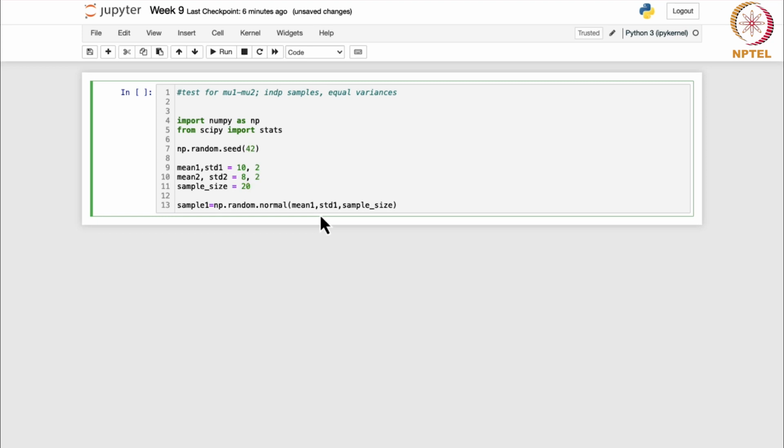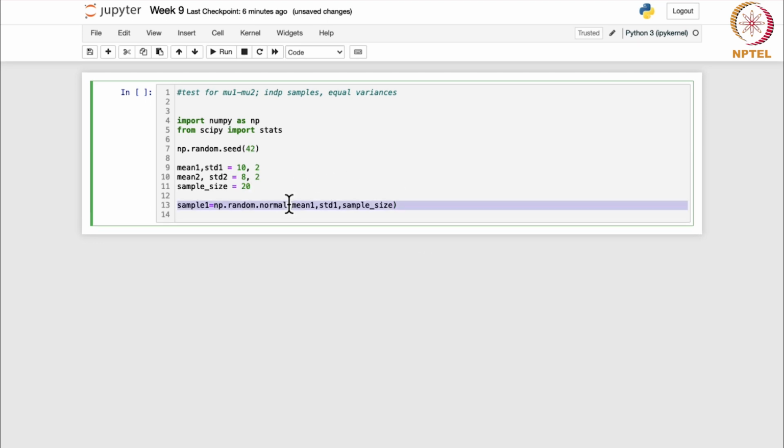So here you can see what we have written: we are generating a random sample from a normal distribution with mean1 and standard deviation STD1. np.random.normal is a function used for drawing random samples from a normal distribution. I believe we have used it earlier also.